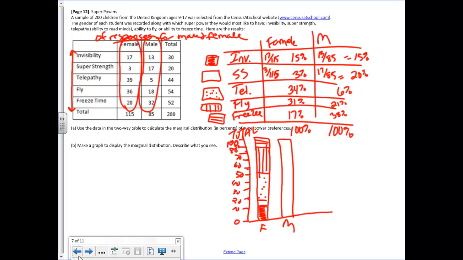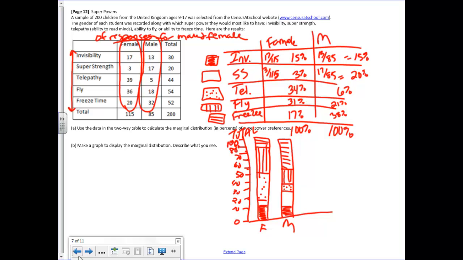You can fill in your second one. 15. And then draw a conclusion.